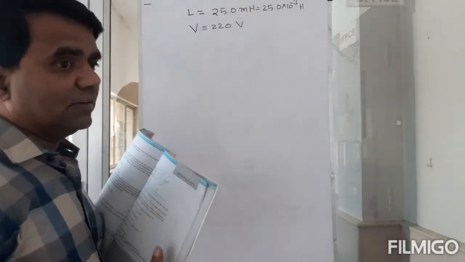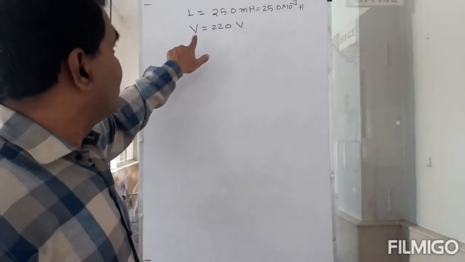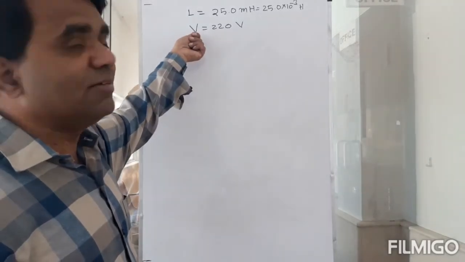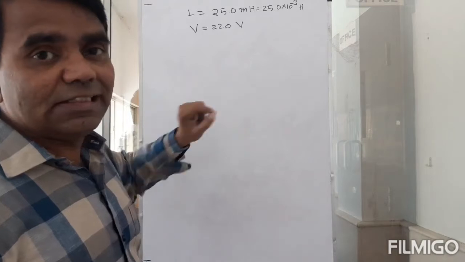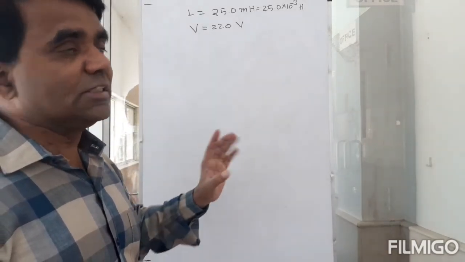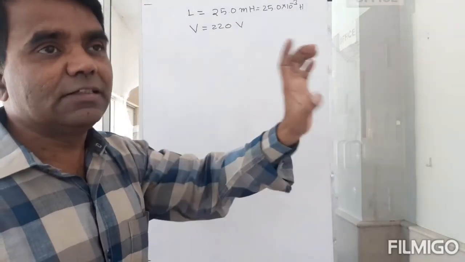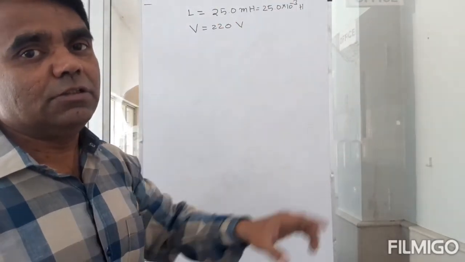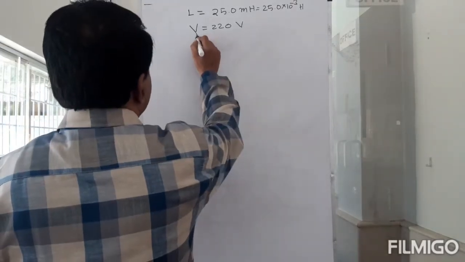I've told you already that when they say V is 220 volts, they mean this V is the RMS value. Always, when they say you're connected to a 220 volts power supply, it is always the RMS value. So this is V RMS, always.